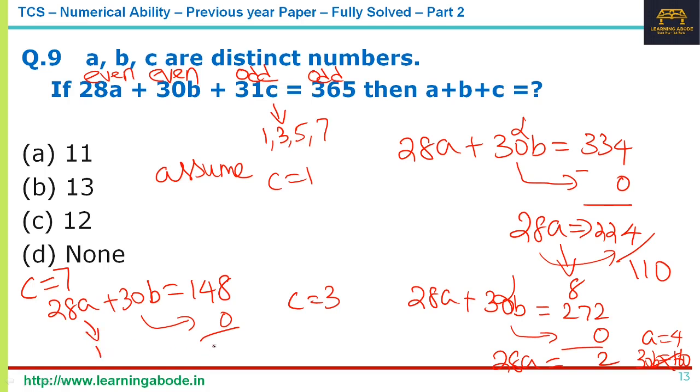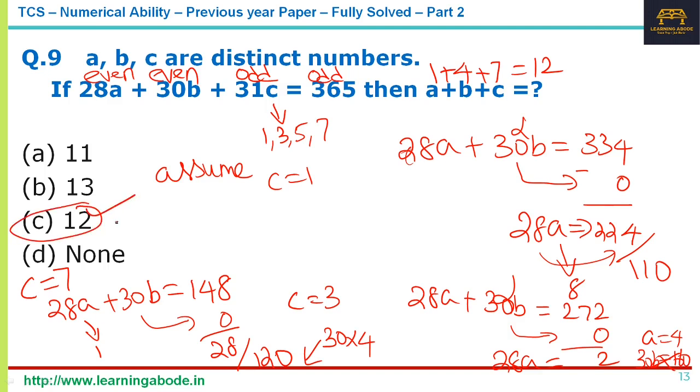If A equal to 1, this part is 28, so the remaining is 120. 148 minus 28 is 120, and 120 is an exact multiple of 30, so 30 into 4 is 120. So I can say A is 1, B is 4 and C is 7. So 1 plus 4 plus 7, that's equal to 12. So the answer is answer choice C. The answer is 12 for question number 9.